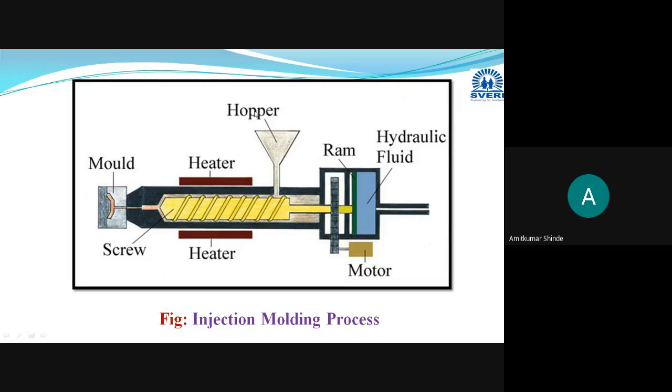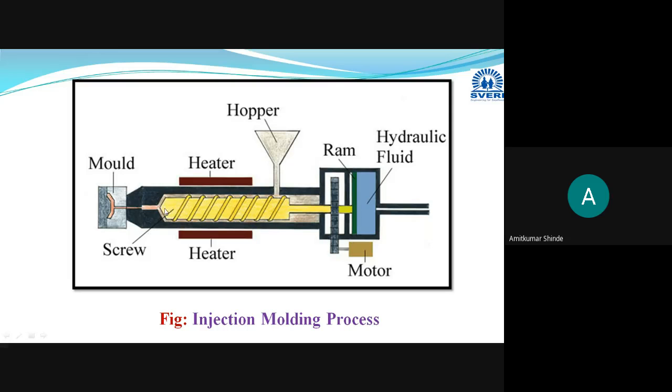Initially the plastic material in the form of pellets or powders is poured through this hopper. Then it enters this cylinder, where it is heated and plasticized, meaning it is converted into a paste, and due to the rotation of the screw, it moves forward.